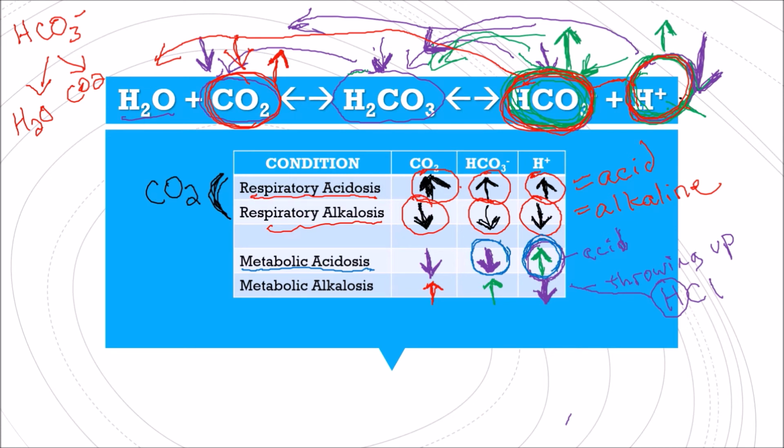And if your hydrogen levels go up and there's no bicarb to check it, then your carbon dioxide levels go down. In metabolic alkalosis, your bicarb levels go up, which soaks up all of the acid, soaks up all of the H ions, and which means there is an increase in your CO2 levels.